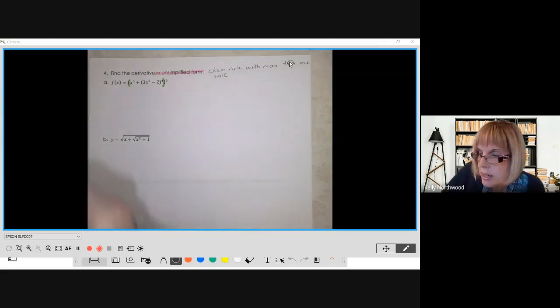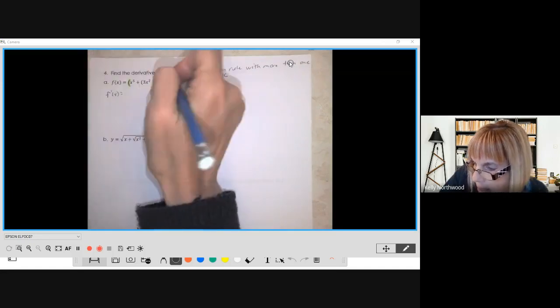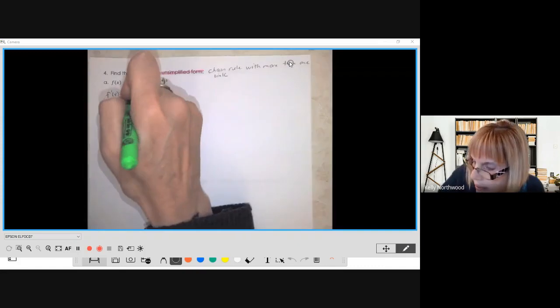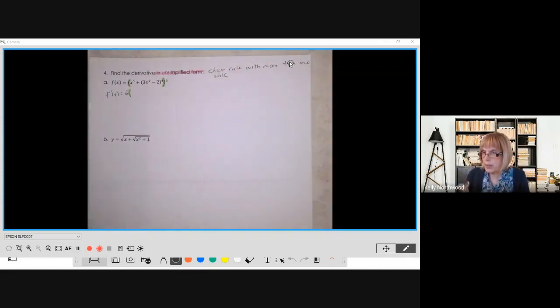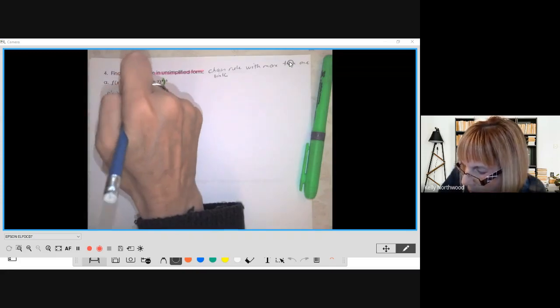So according to the chain rule, f prime at x is going to be 6 times whatever's in those green brackets to the 5th. That's the first link in the chain.